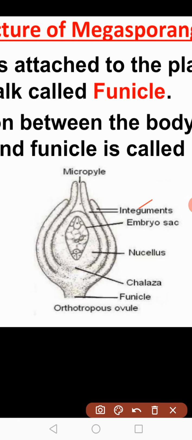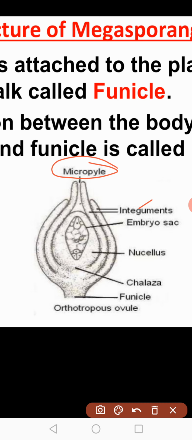Now these integuments do not cover the main body of the ovule completely, but leave a small area uncovered, and this small area is in the form of an opening, and that opening is called the micropyle. So micropyle is nothing but the small opening present in the ovule.